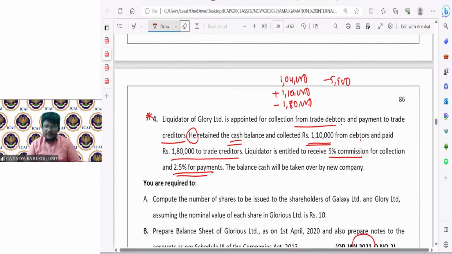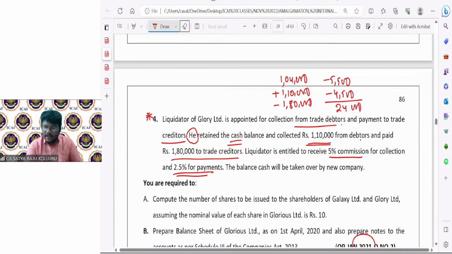And on payments, his commission is 1,80,000 into 2.5%, which is 4,500. Now, how much cash is available with the liquidator after doing all such things? 1,04,000 plus 1,10,000 minus 1,80,000 minus 5,500 minus 4,500.